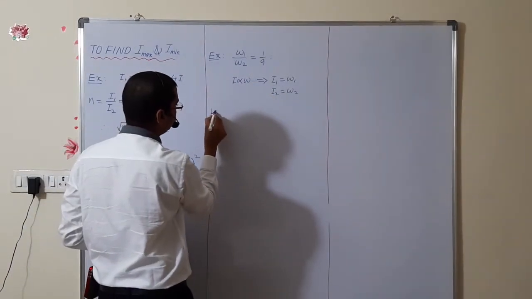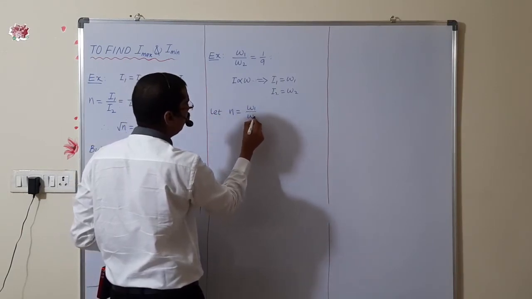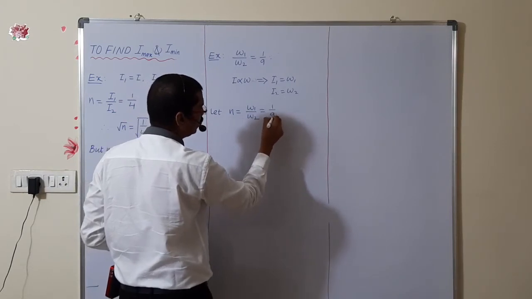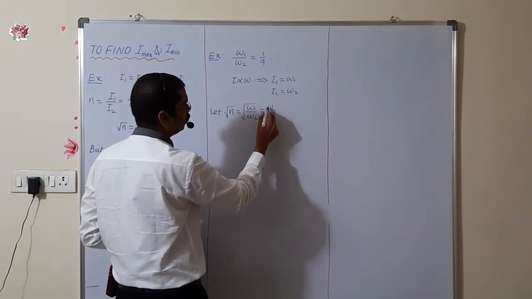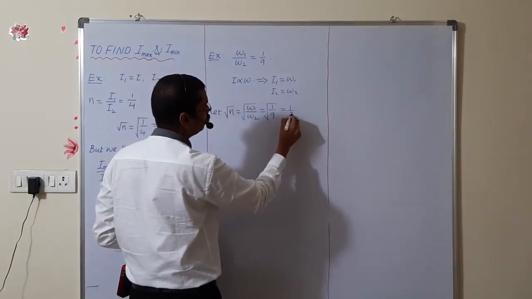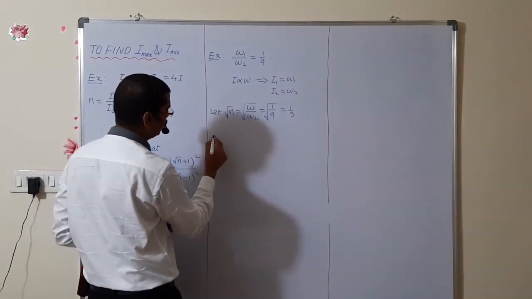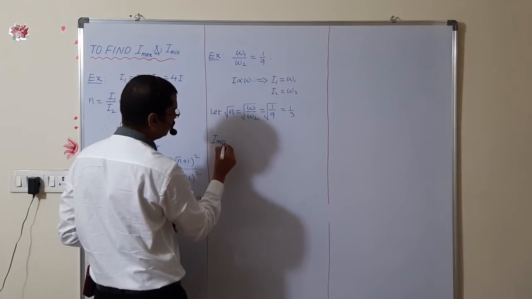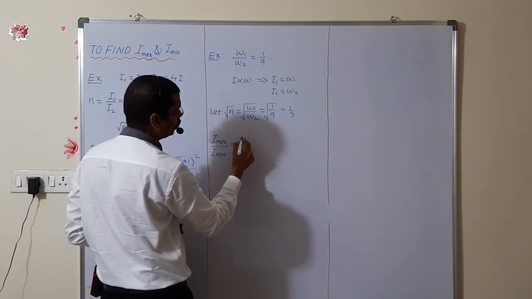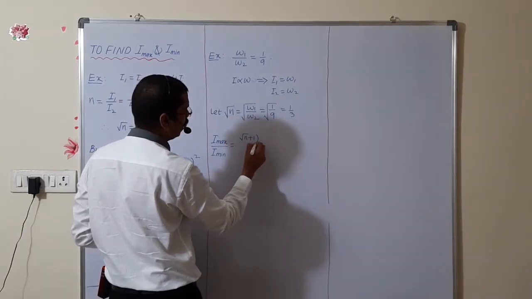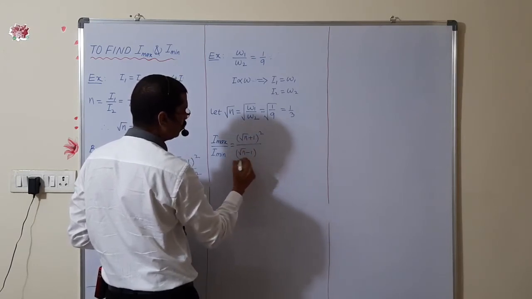Now let n is equal to omega 1 upon omega 2, that is 1 by 9. If I take the root on both sides, what will happen? This value is 1 by 3. Root n value, 1 by 3, we got it. Now we can find the I maximum and I minimum. The value is (root n plus 1) whole square upon (root n minus 1) whole square.